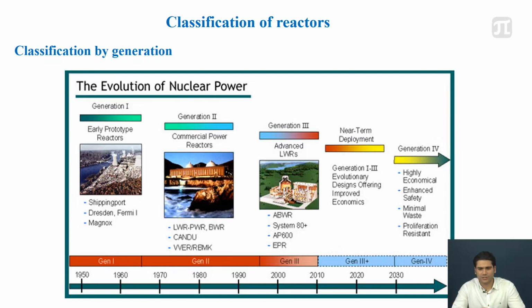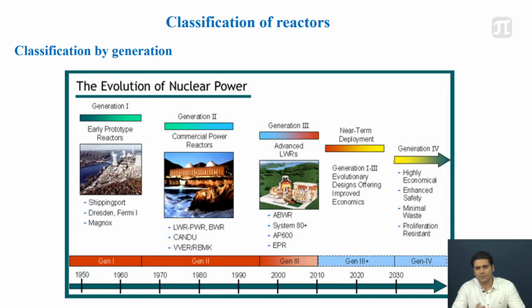And finally, the fourth generation. The fourth generation is a very promising technology, and we have some nuclear reactors based on it. The most important property of fourth generation reactors is their operating temperature. Most of these reactors can operate at very high temperatures, for example 600, 700, 800 degrees, and this provides a unique opportunity for producing hydrogen, because for producing hydrogen we need a huge amount of energy.